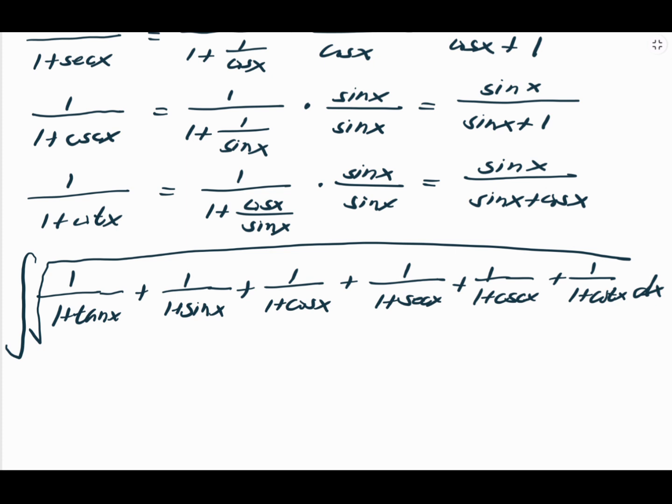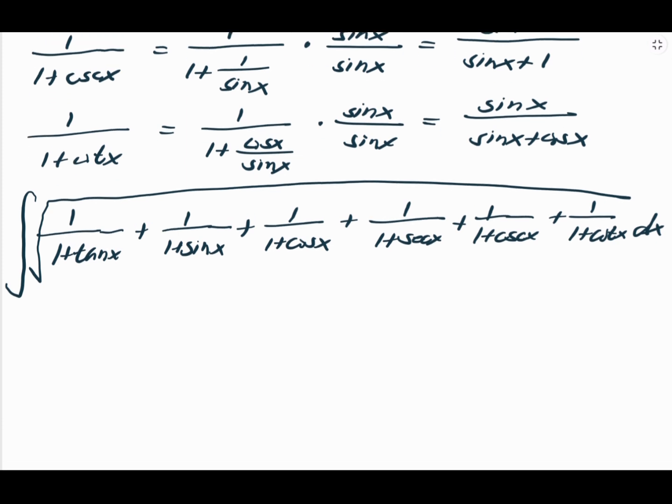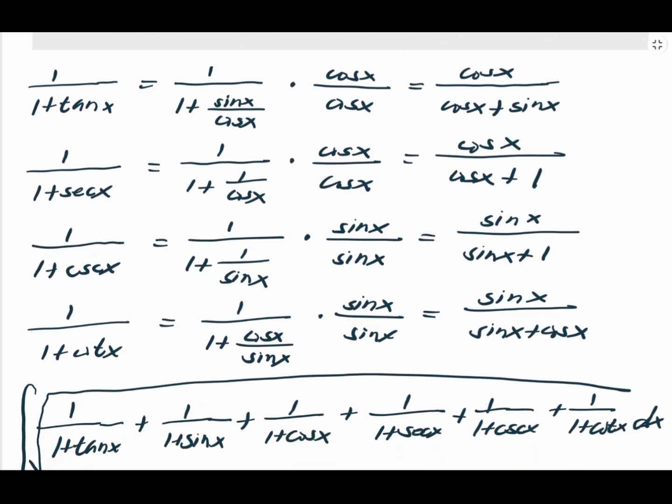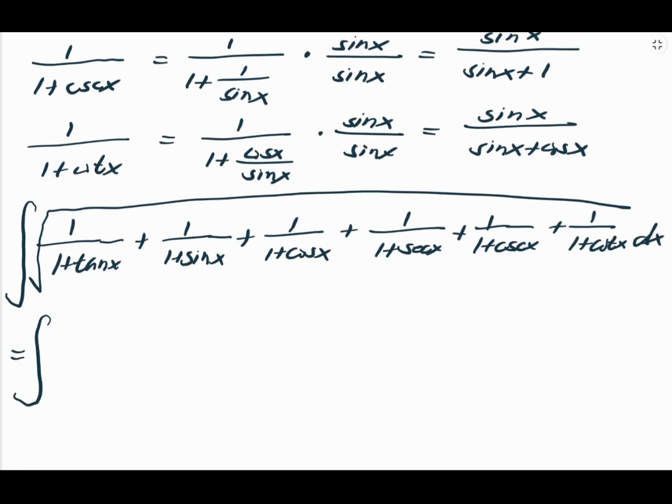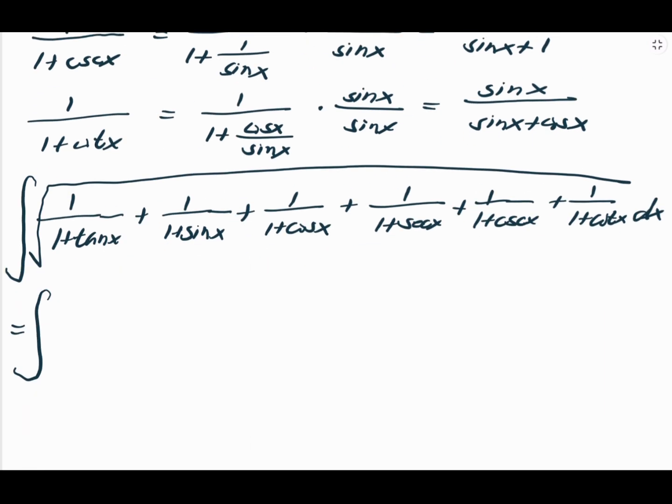Okay? Now, from earlier computation, this first term is equal to cosine of x over cosine of x plus sine of x.